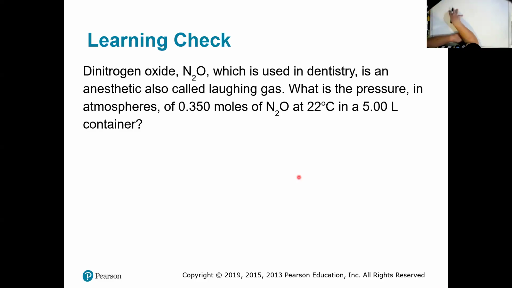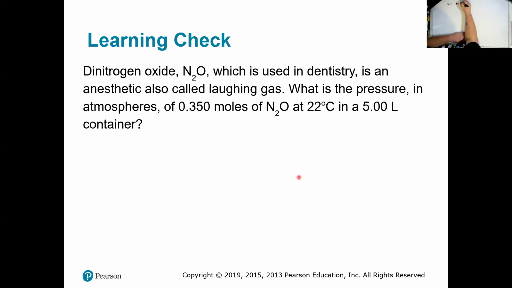So in this question, we're just going to write down the info first. Dinitrogen oxide, N2O, which is used in dentistry as an anesthetic, also called laughing gas. What is the pressure? So we already know that our pressure is the unknown. In atmospheres of 0.350 moles.